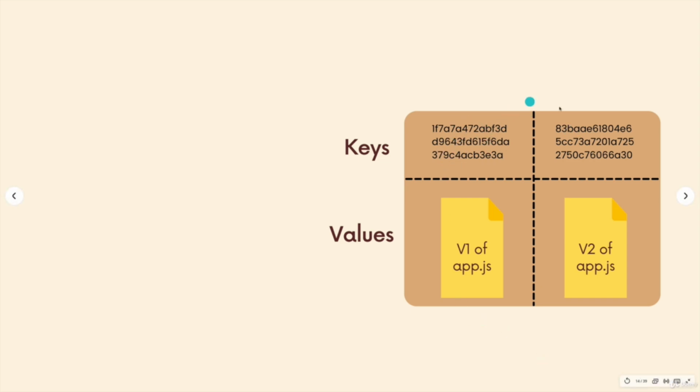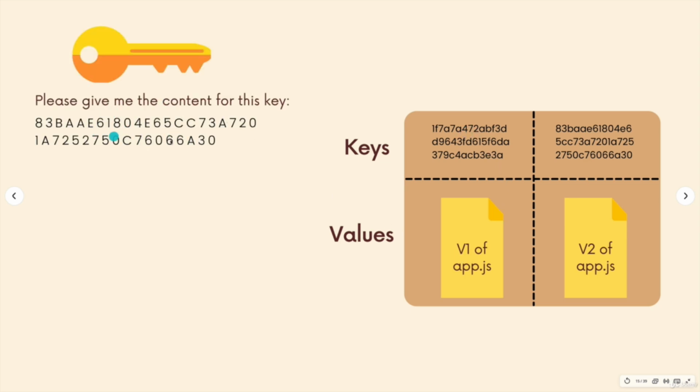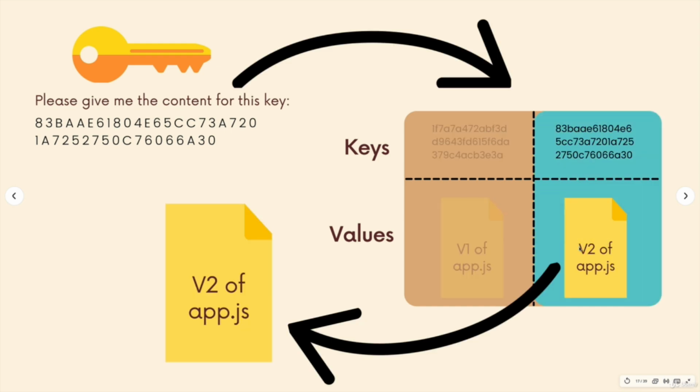So you can see the keys here. They are the output of SHA-1, just like a commit hash, and they each correspond to some piece of data. So if I have one of those keys and I tell Git, please give me the content for this key, it's able to figure out, oh, I know what I stored under that. It's v2 of app.js. Here you go.